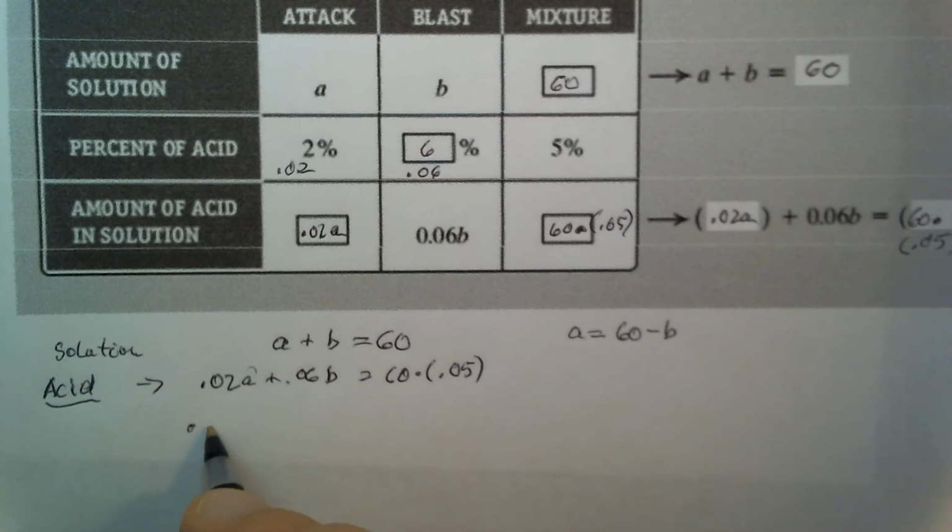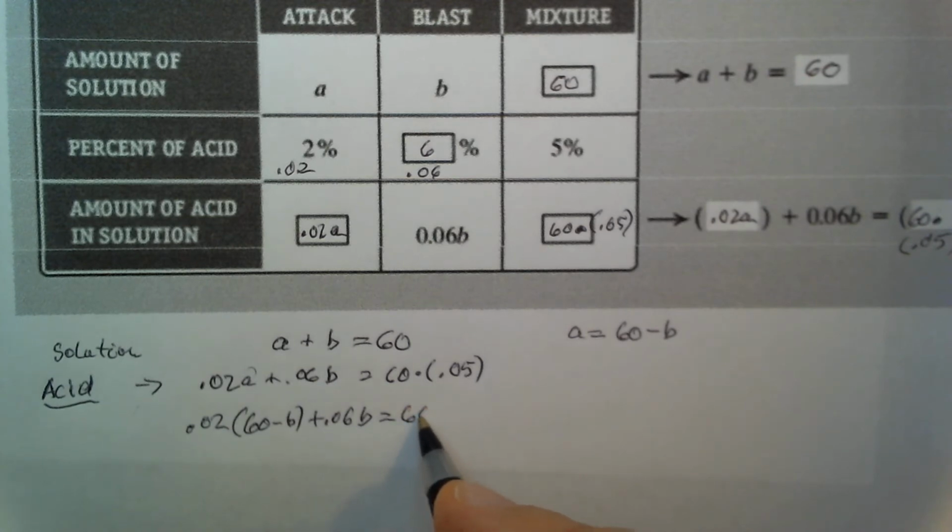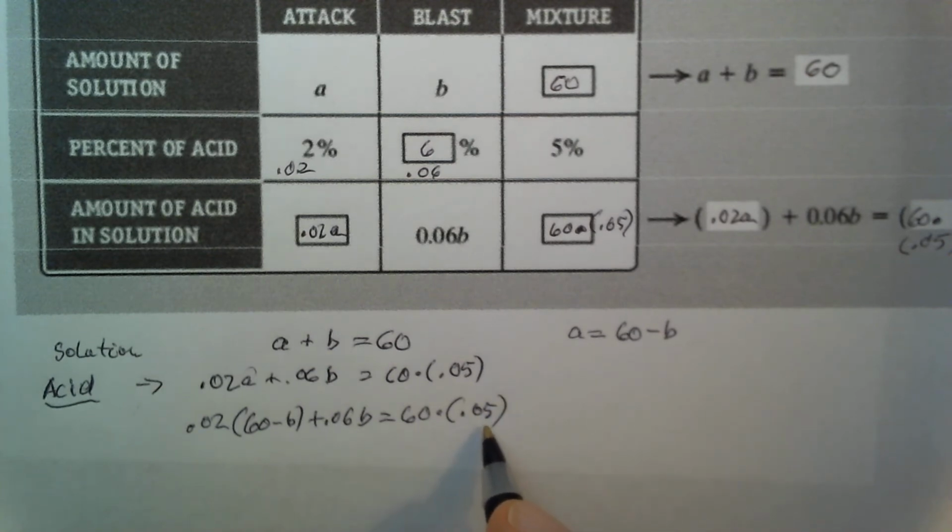So we have 0.02 times 60 minus B, plus 0.06B equals 60 times 0.05. That's 60 quarts with 5% acid.